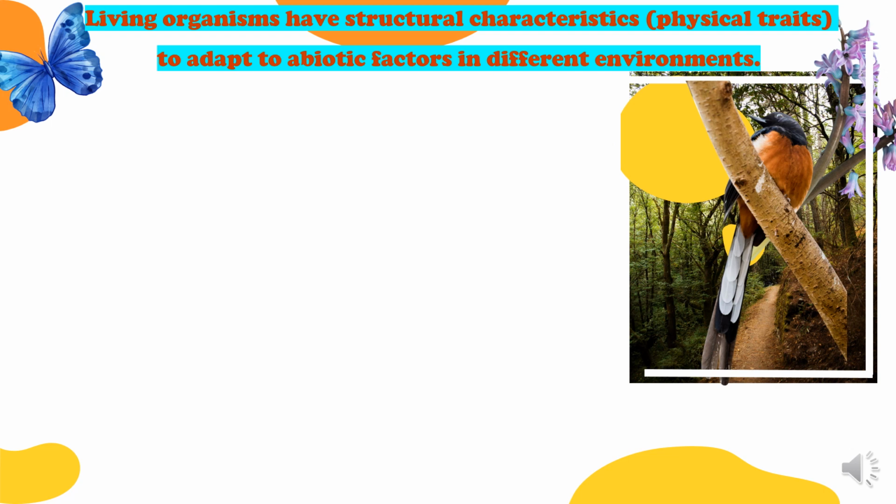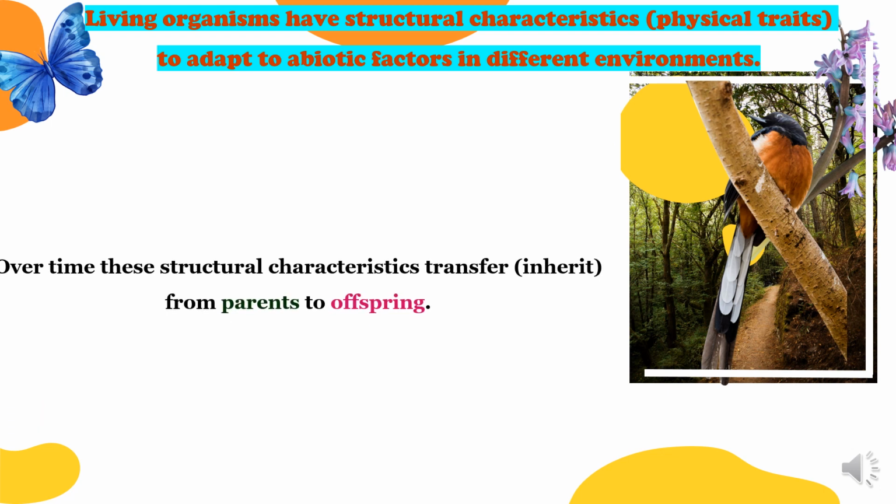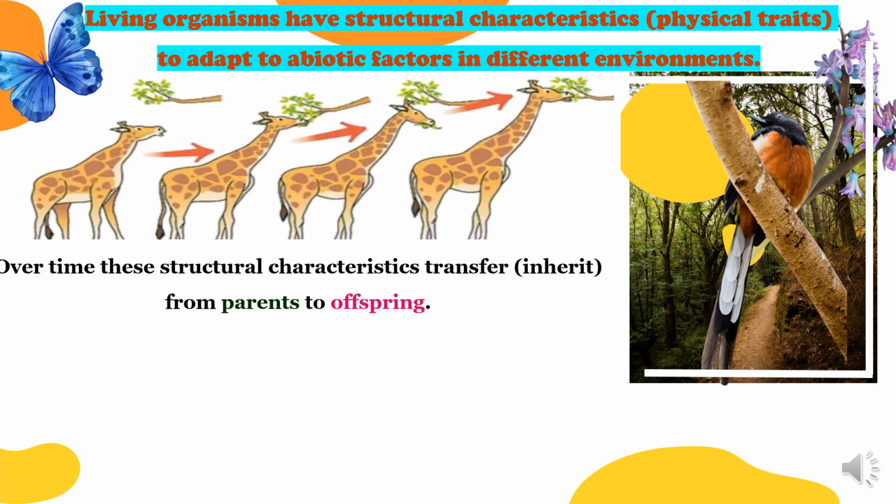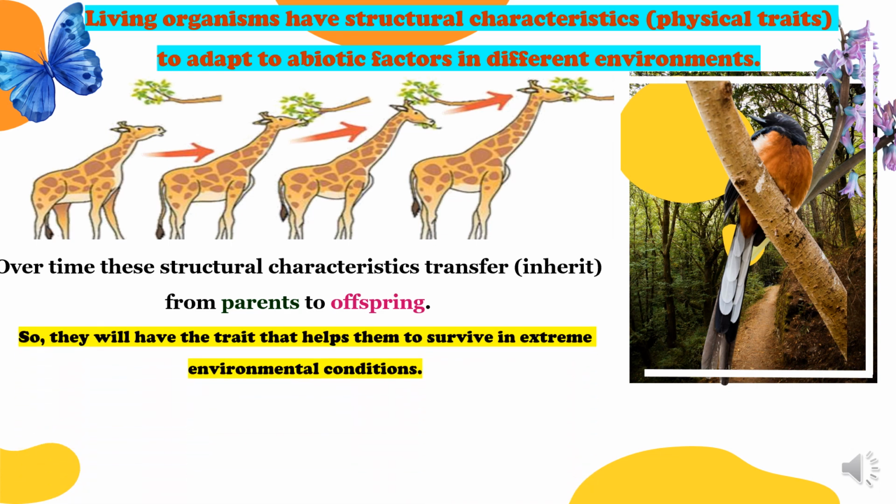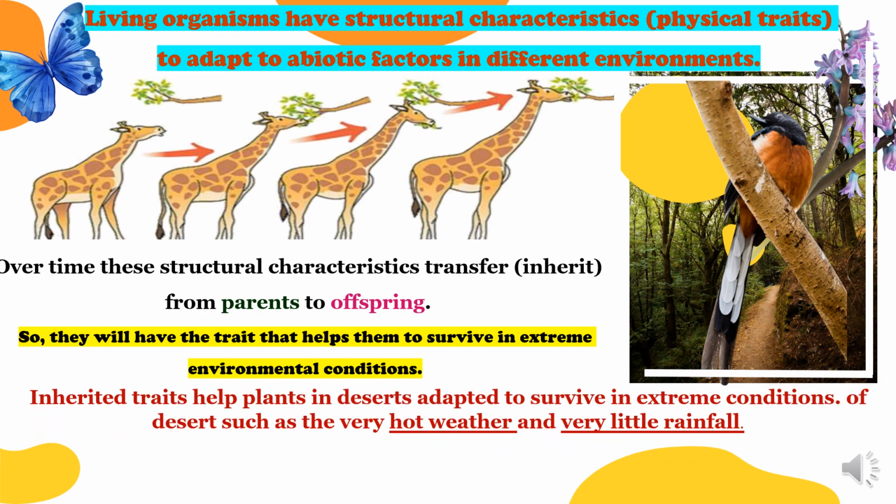Living organisms have structural characteristics or physical traits to adapt to abiotic factors in different environments, and over time, these structural characteristics transfer from parents to offspring, as we said before. So, they will have the traits that help them to survive in extreme environmental conditions.